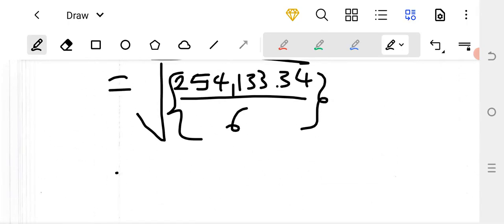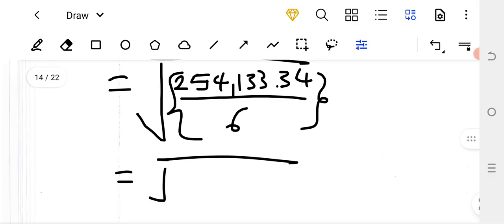So it's the square root of 254,133.34 divided by 6.